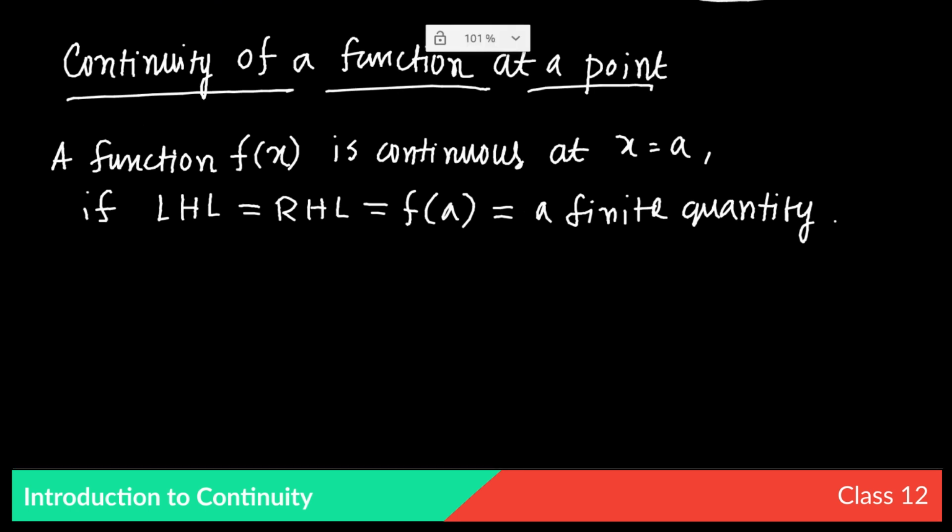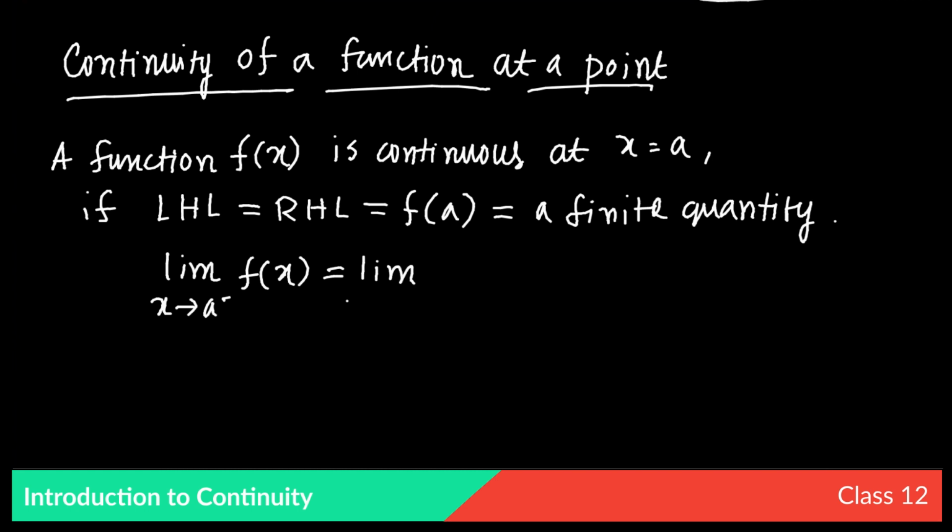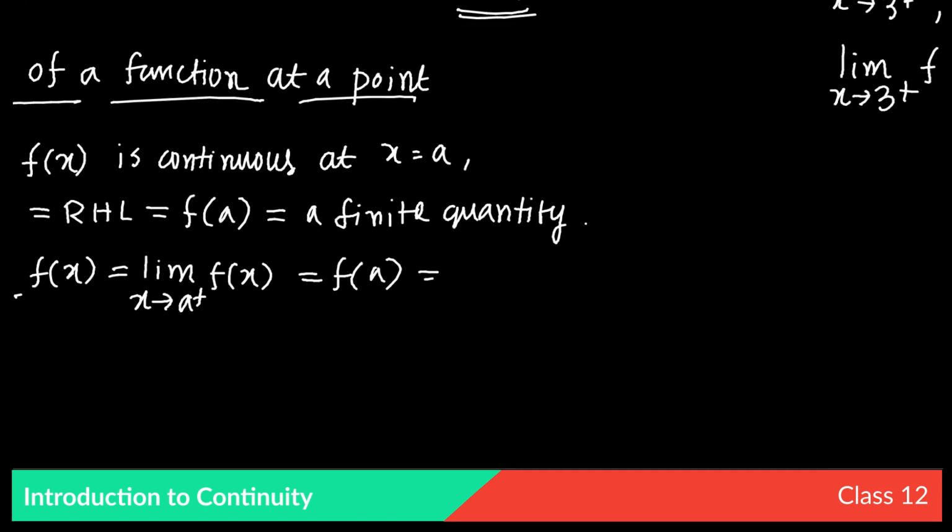Now this can be formulated in another way also. Suppose limit x tends to a minus of f(x) equals limit x tends to a plus of f(x) equals f(a), a finite quantity.